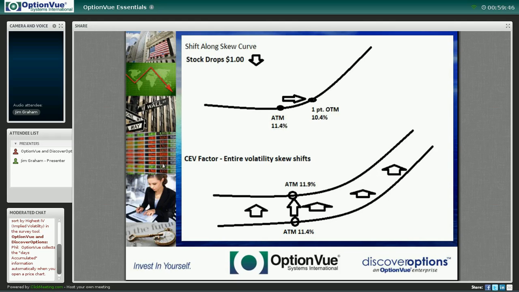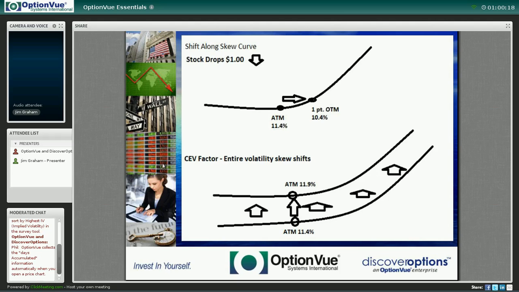The entire curve shifts up. That's why I have all these little arrows. And so now the at the money went from 11.4 to 11.9, a 0.5% increase. So as the stock price dropped, the entire IV curve shifted up. And that's that number, the CEV factor number, that's measuring really how much of a shift is there. It's of course not as dramatic as this.